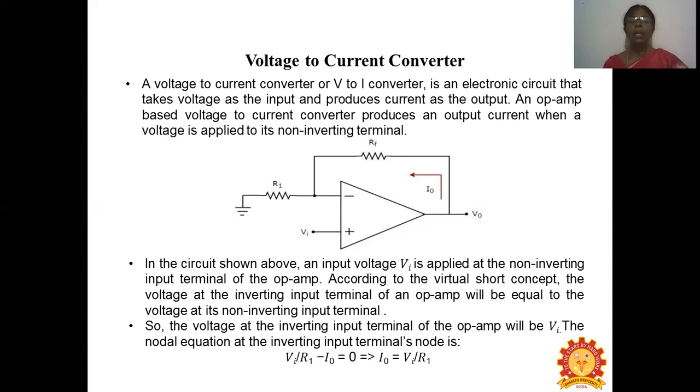According to the nodal equation at the inverting terminal of the circuit, this is the inverting terminal node, VI by R1 minus I0 is equal to 0. Therefore, the output current I0 is equal to VI by R1.